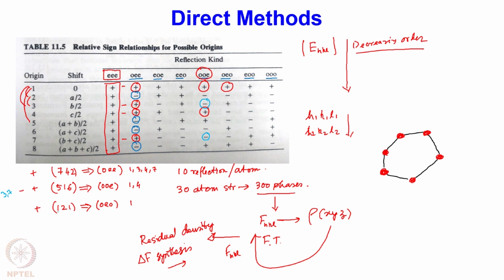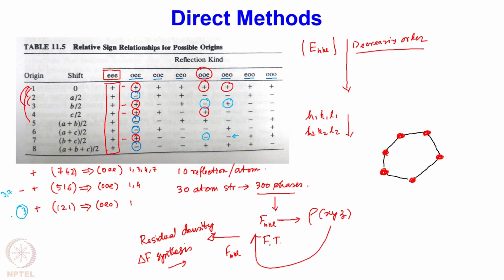So now for 1 to 1 to have a plus sign matching with plus and minus of the first two, we should have plus, minus, can have plus here, plus minus is having minus there. So the only choice is now reduced to the origin 3.